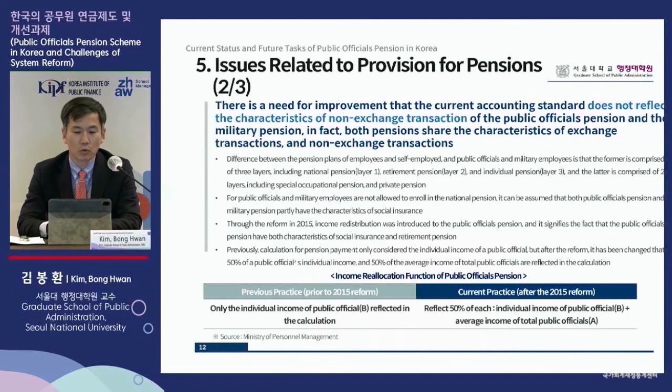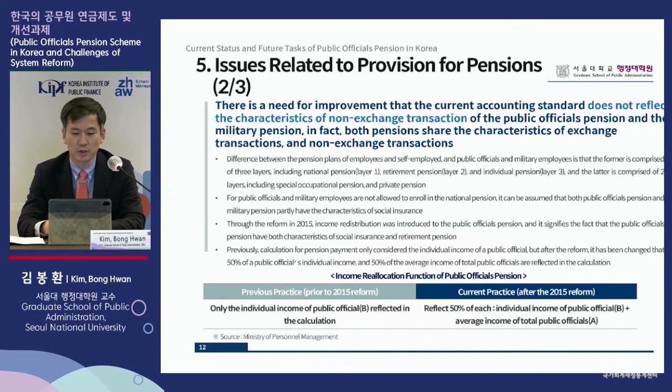A second one is, as I explained earlier, the Korean public pension program has both characteristics of exchange and non-exchange transaction because public officials are prohibited from joining the national pension for the general public. However, the current recognition method of Korea does not reflect these dual characteristics.